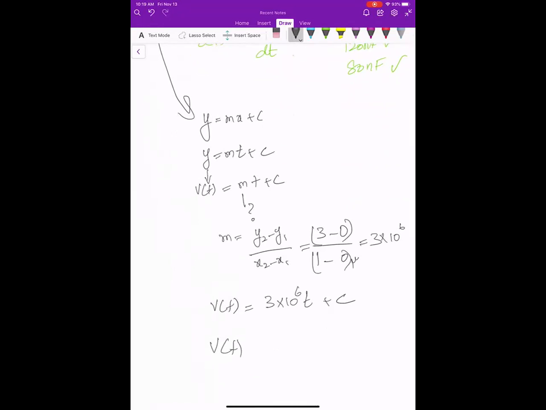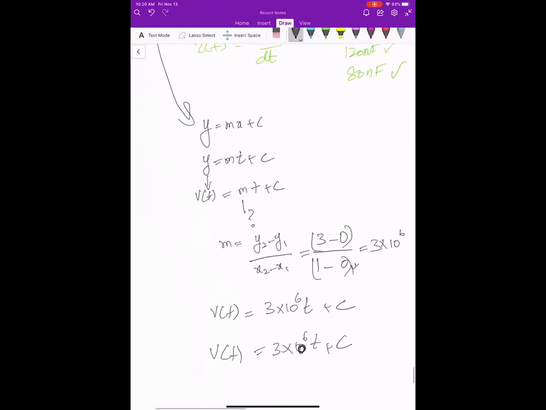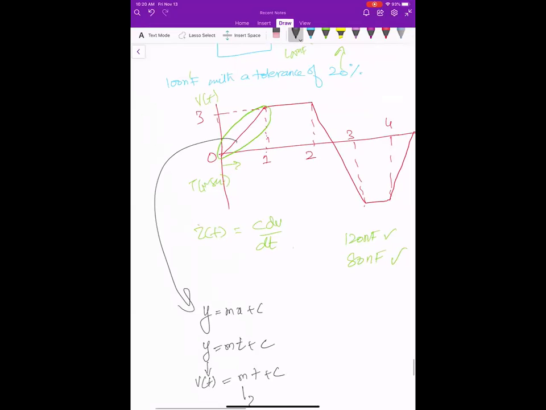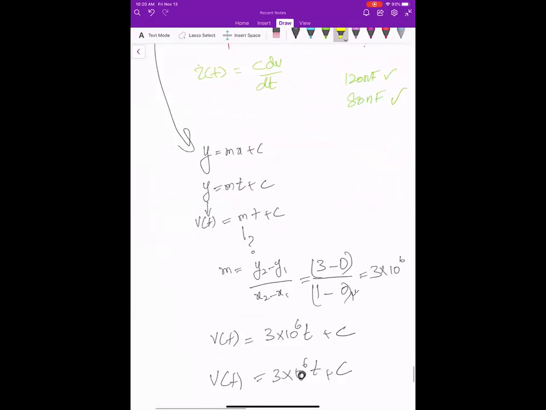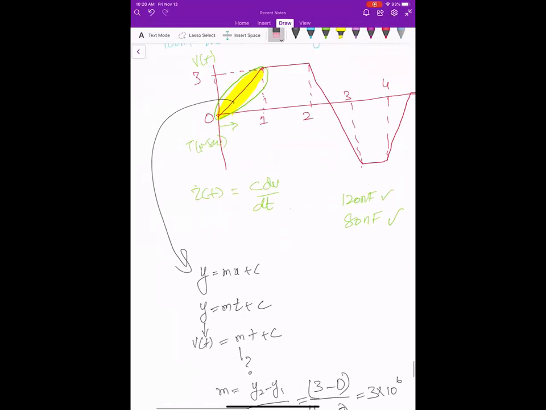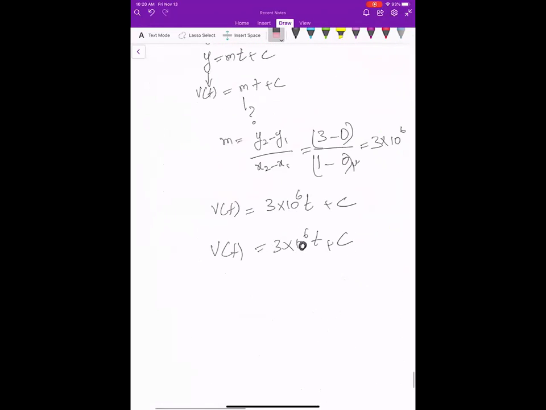Now you need to find c. How can you find c? You found your slope, but you need to find c. You can plug in one of the x and y coordinates to find what c equals. Yes. So let's say I take the maximum coordinates, 3 and 1.